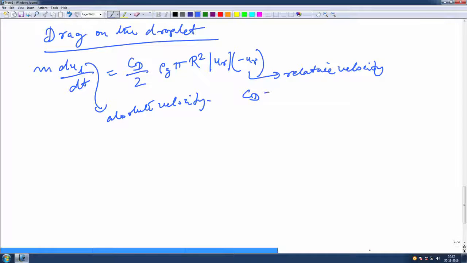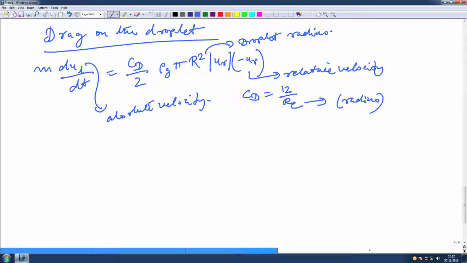CD is equal to 12 by RE, where RE is based on radius rather than diameter. And R is the droplet radius. It is a very simple equation, right.